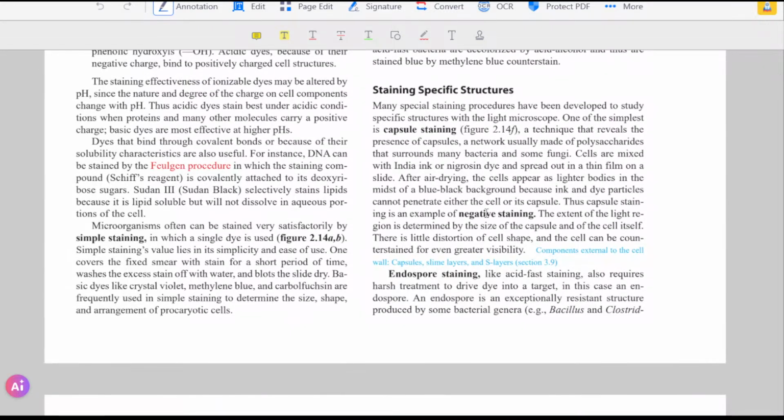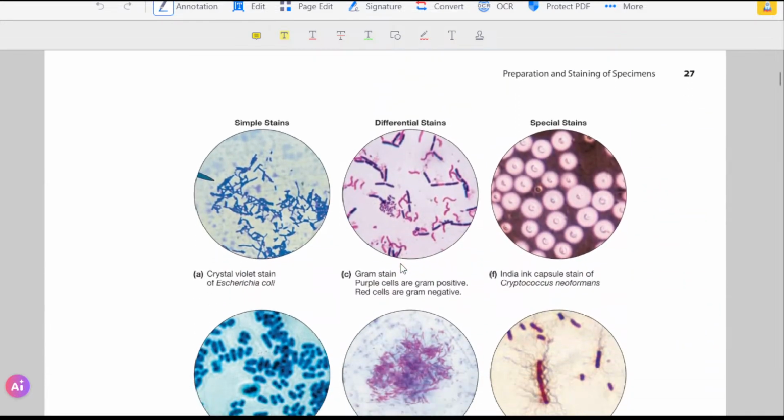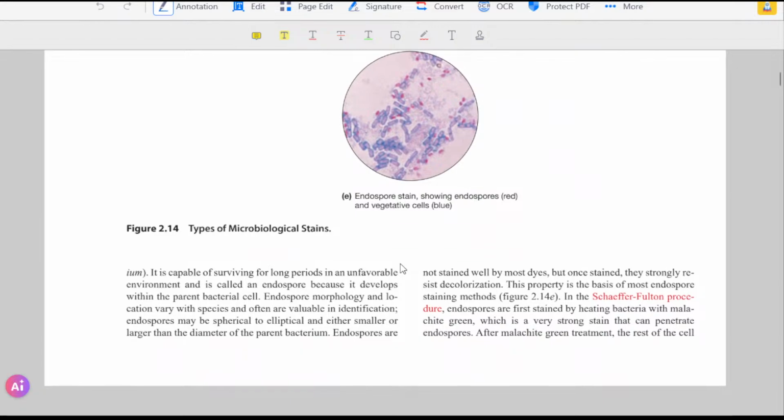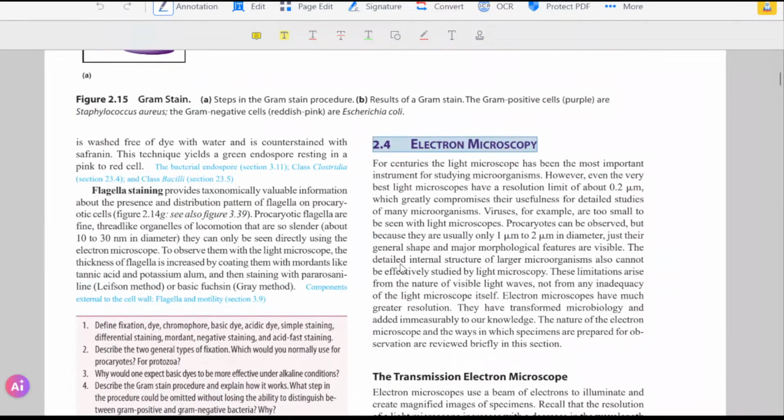And we don't just stain the living cells, we also stain the capsules, the extra outer covering around the bacteria after the cell wall. We do endospore staining as well, because we identify organisms by the presence of their endospores.